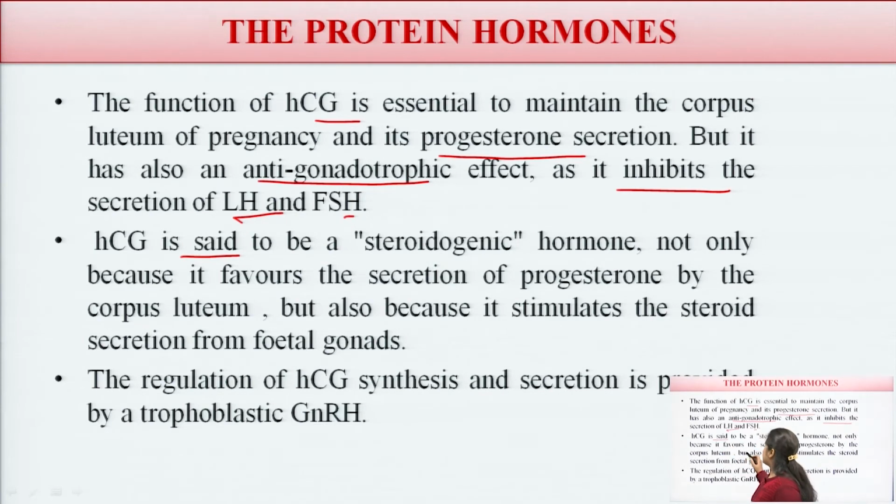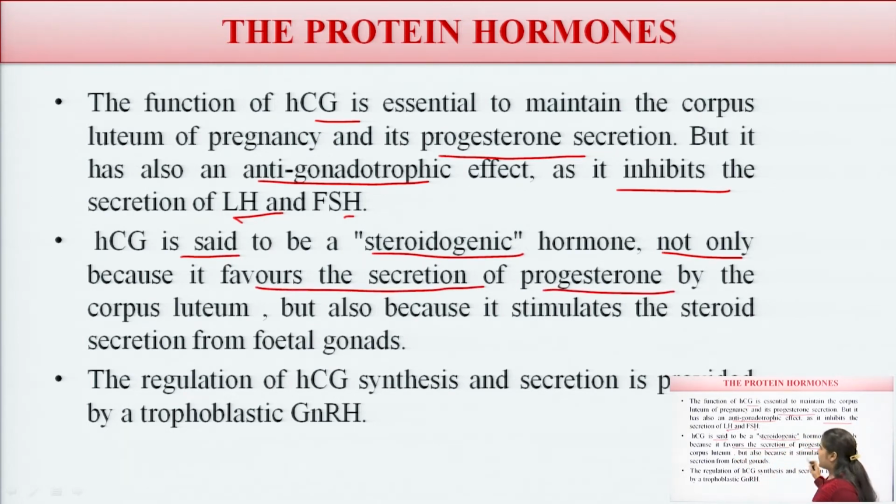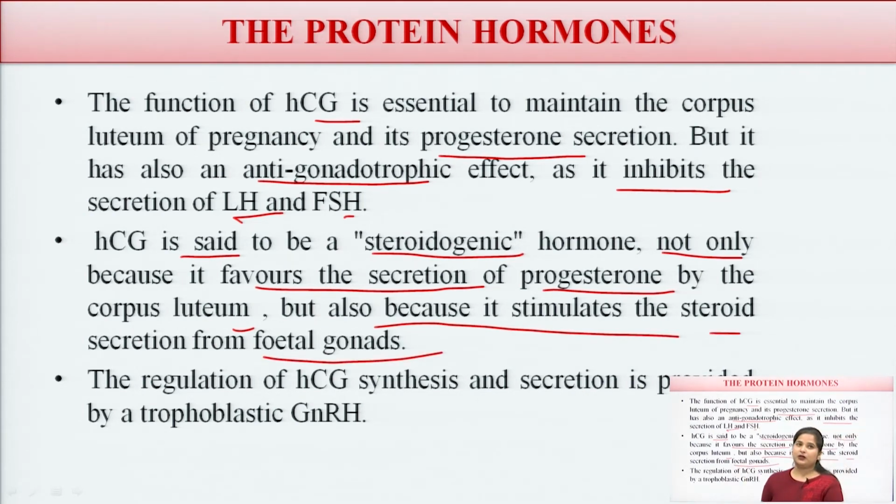This HCG is said to be steroidogenic. We study it among the protein hormones, but it is also known as a steroidogenic hormone, not only because it favors the secretion of progesterone by the corpus luteum, but also because it stimulates the steroid secretion of the fetal gonads, right?